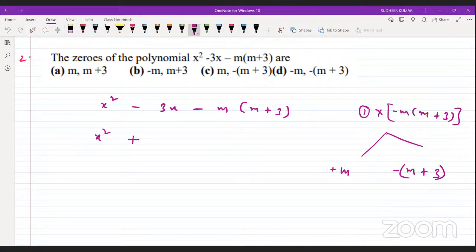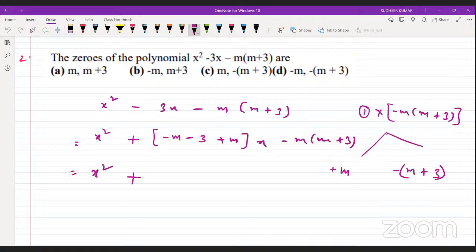So this is x square plus of minus m minus 3 plus m into x minus m times of m plus 3. So that also can be expressed as x square plus, these two get cancelled, so plus into minus is minus 3x minus m times of m plus 3. We got the same result, right?